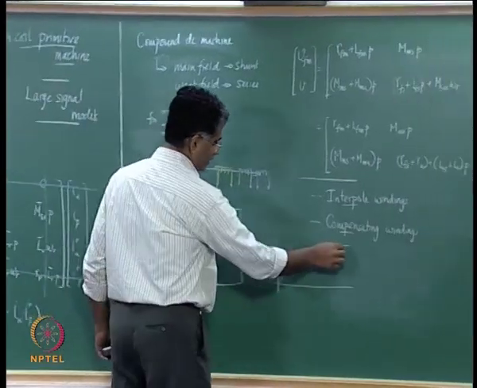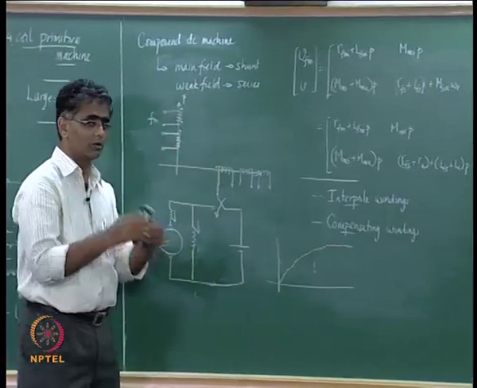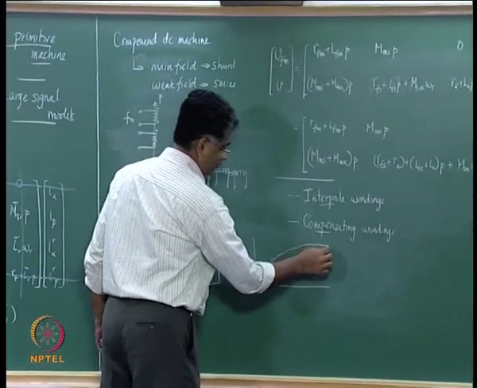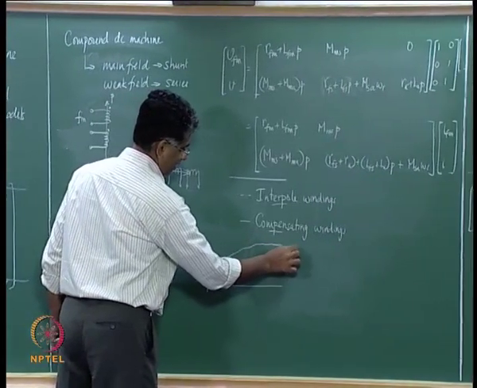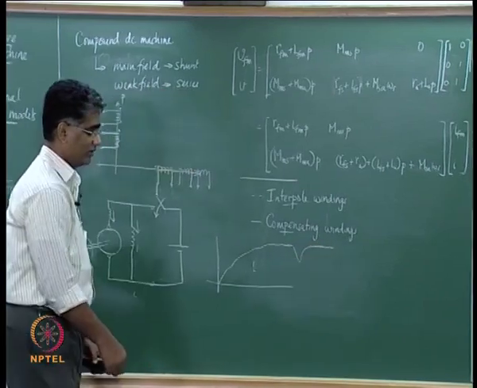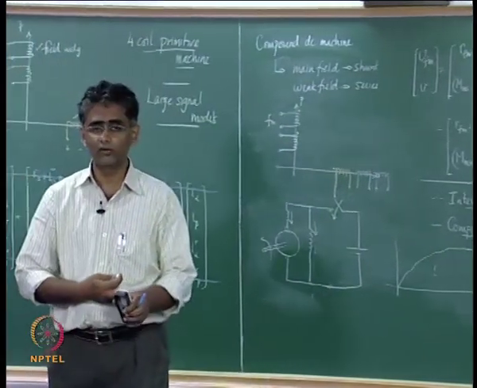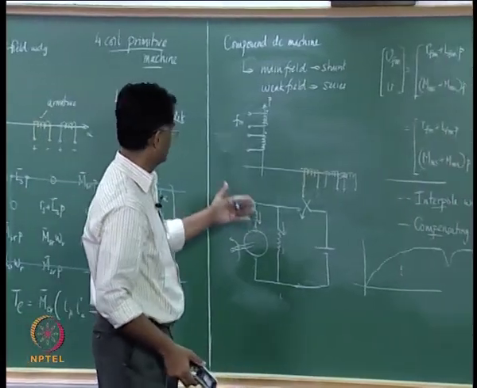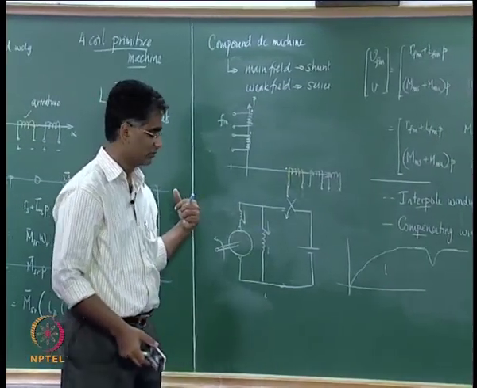After the speed has settled down, maybe you throw a sudden load onto the system, then how does the speed behave? Maybe there will be a speed dip and then it may come back and settle at some other value, maybe the same value as earlier, maybe a different value. How do these systems behave?